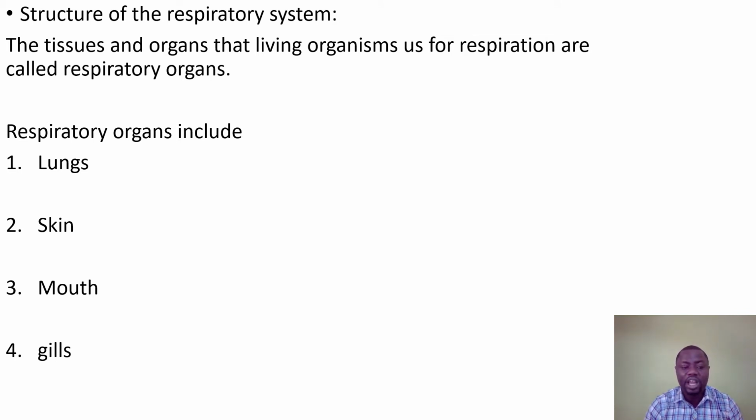The first one we have here is the lungs. The lungs are situated at the chest area of the living organism, especially human beings. The lungs are found around your chest, under the rib cage. Is that clear? So that is the lungs. That is the first organ of the respiratory system.